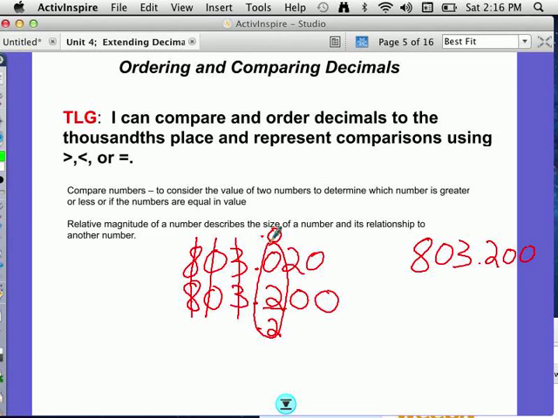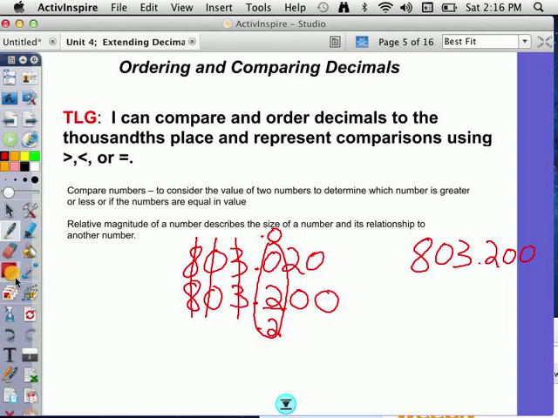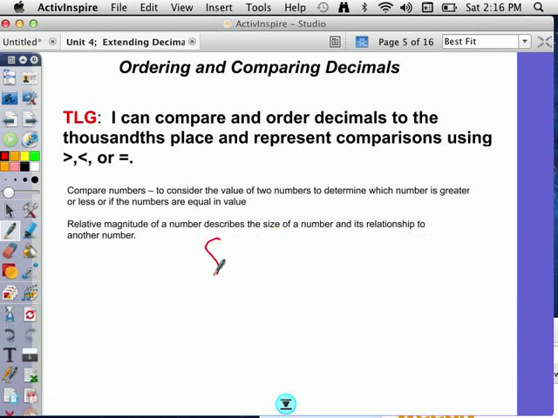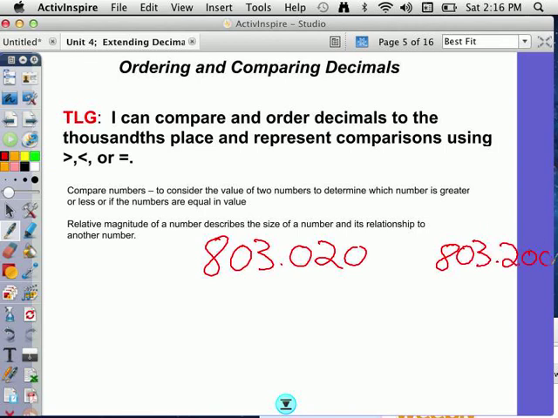But let me just rewrite our number statement again so we can rewrite it in the correct way using our symbols. And I will clear this. So now I can select the appropriate symbol for it, written out this way, and it states that 803 and 20 thousandths is less than 803 and 200 thousandths.